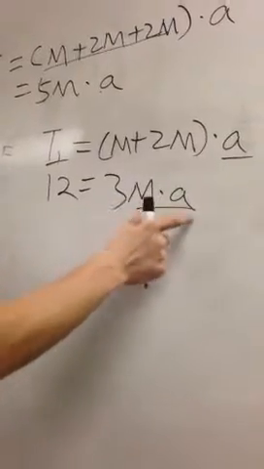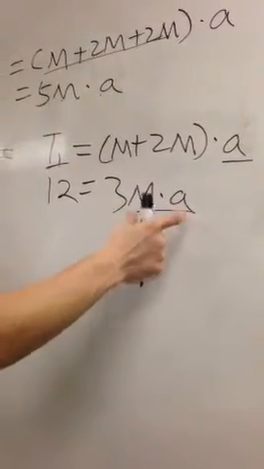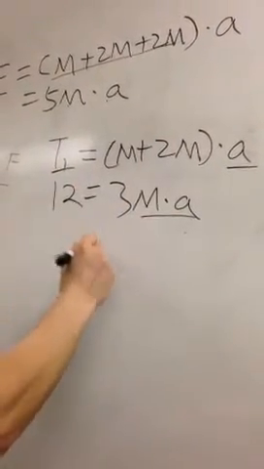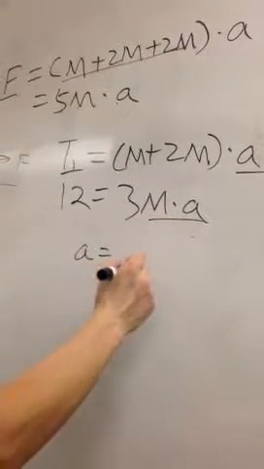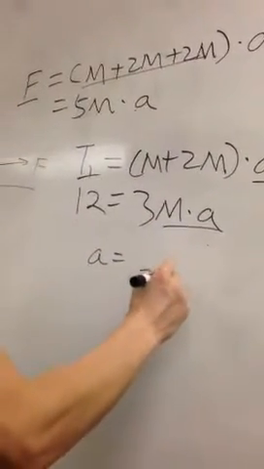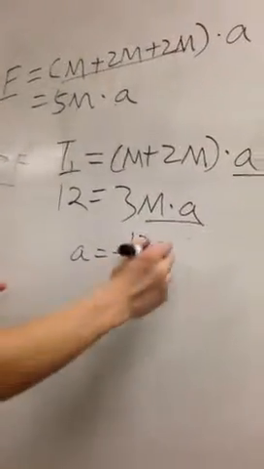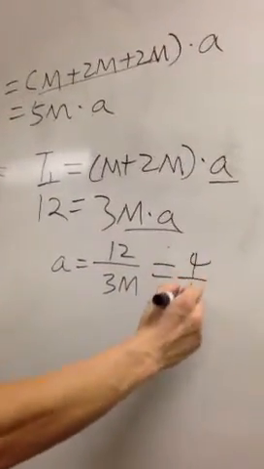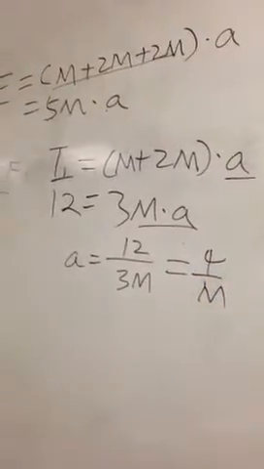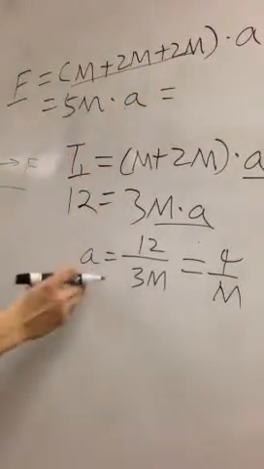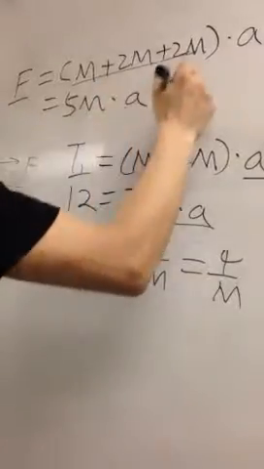Okay. So right now you can calculate, for example, A here is equal to 12 over 3M. So that's 4 over M. You got this, right? So you just put the A to here.